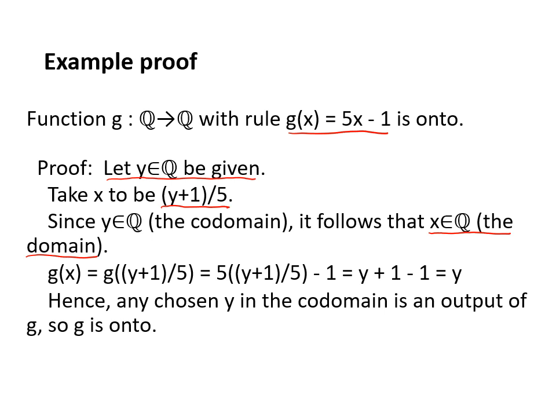We do this by computing g of x. We plug in what x is, we work out the numbers, and we get that g of x is equal to y. Hence, we show that for any chosen y in the codomain, we can pick some element of the domain such that y is going to be its output. And so g is onto. And that concludes our proof. I would say the trickiest part here is to pick this x. But you can easily do that by deriving it from the rule.